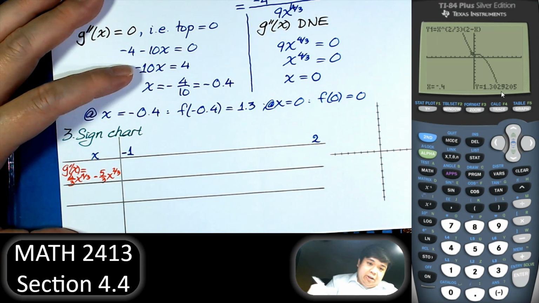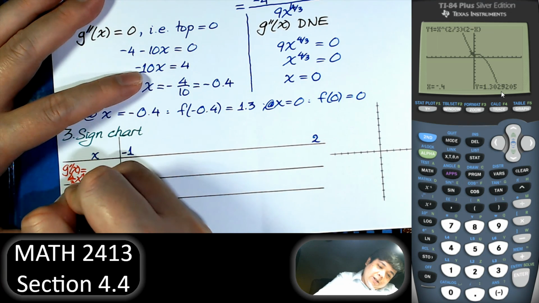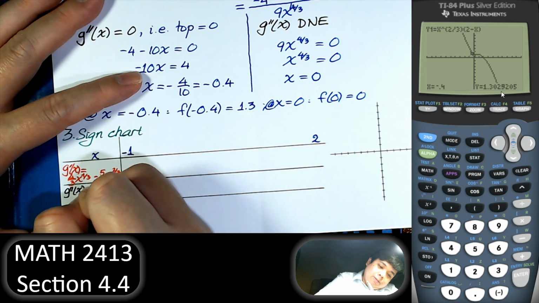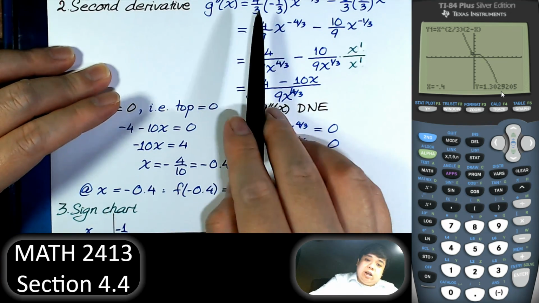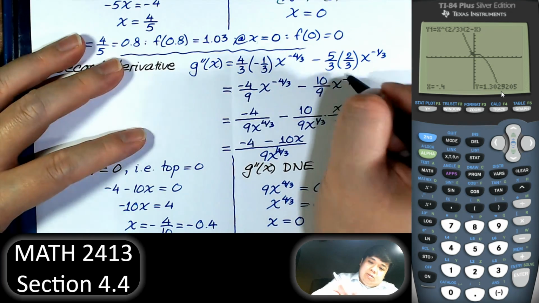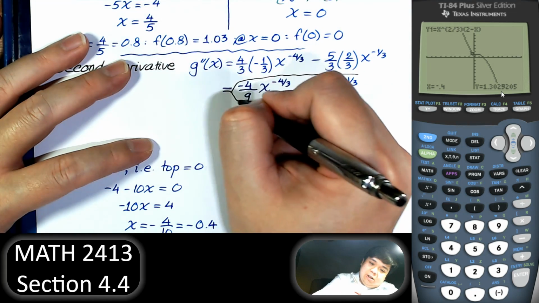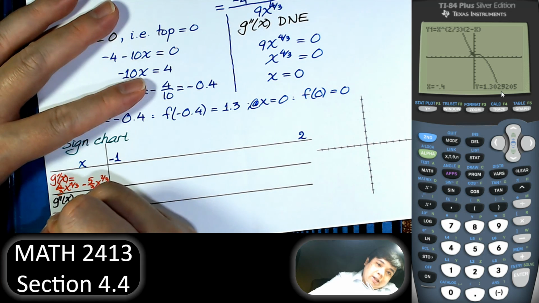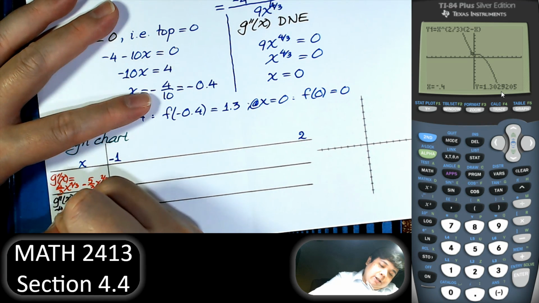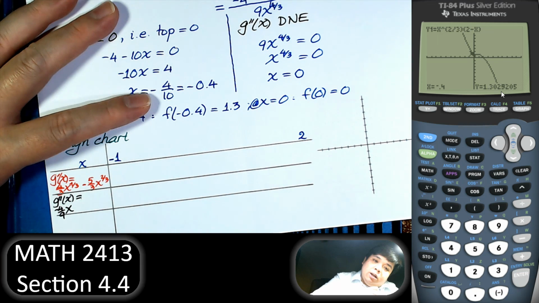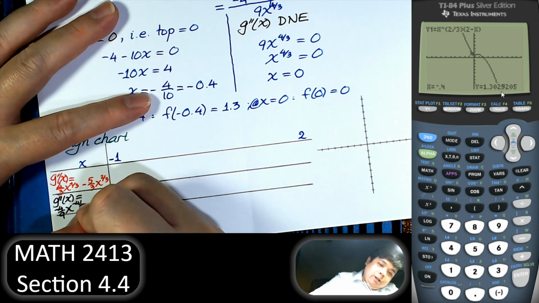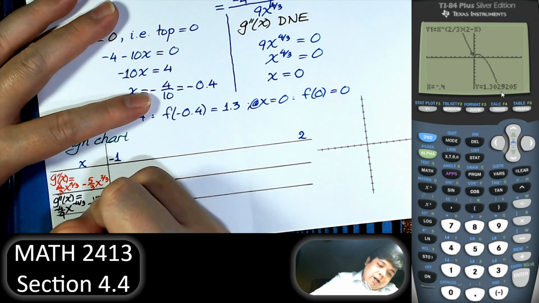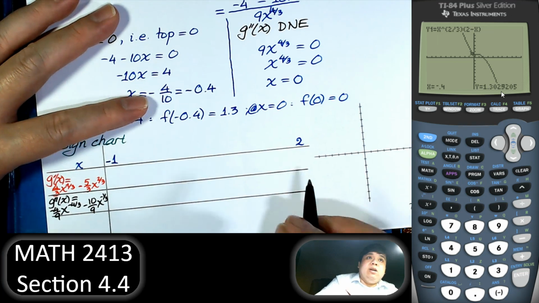And then the second derivative, I'm going to write negative 4/9 x to the negative 4/3 minus 10/9 x to the negative 1/3.